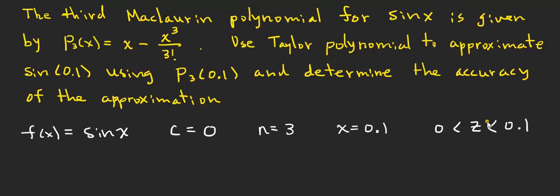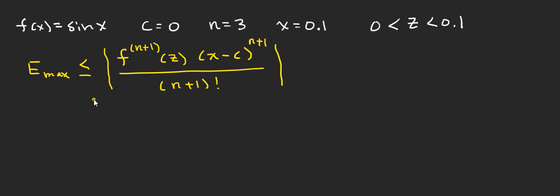Now z is a number between the center and x. So z is a number between 0 and 0.1. So now we need to use the Lagrange remainder to find the maximum error. These parts are pretty straightforward.